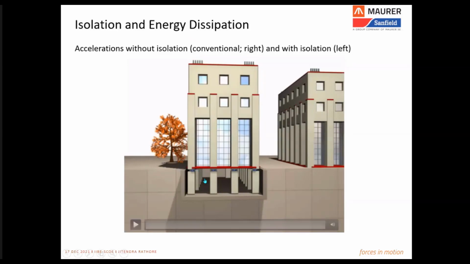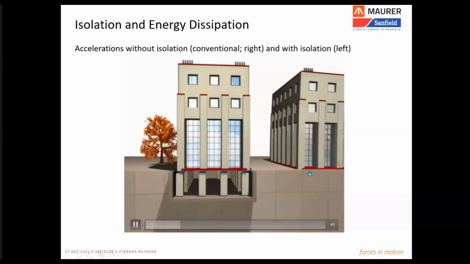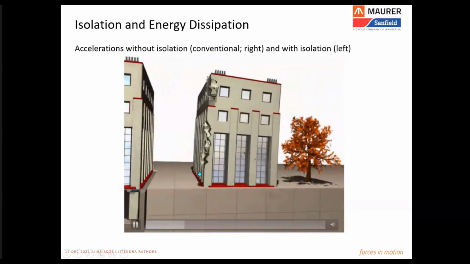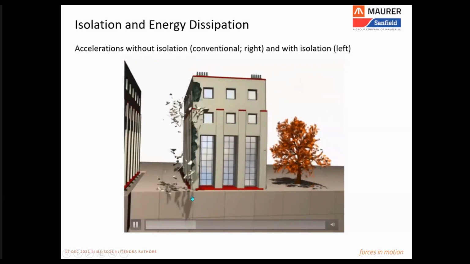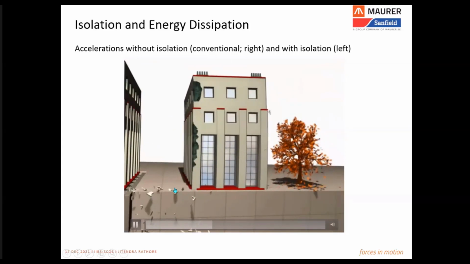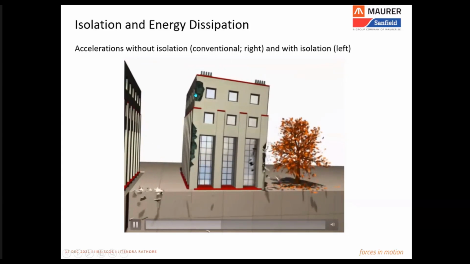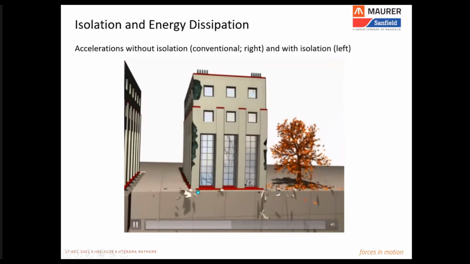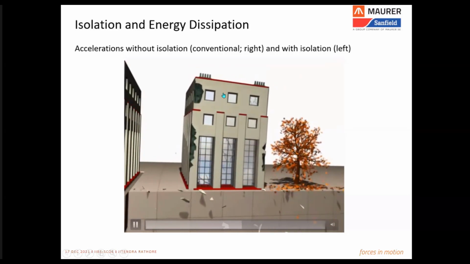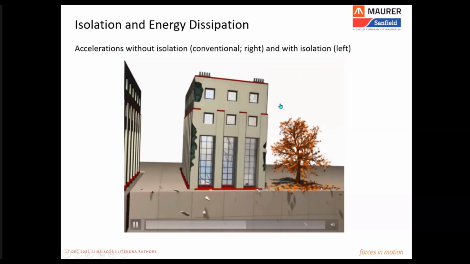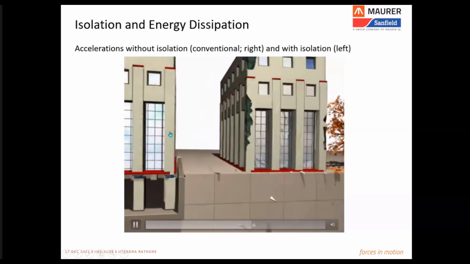And the purpose of what they do, if we understand this through this animation: if a building structure is integral to its foundation, and when the earthquake comes and shakes the ground table vigorously, because of the high lever arm and the anchoring of the structure with the ground, the structure also shakes vigorously and suffers permanent damage.